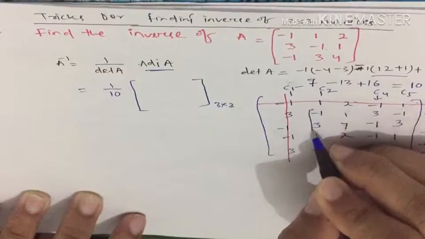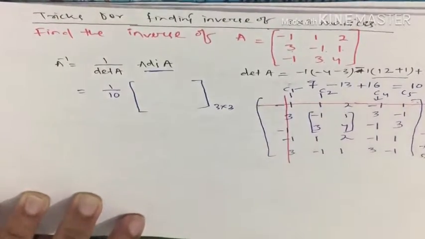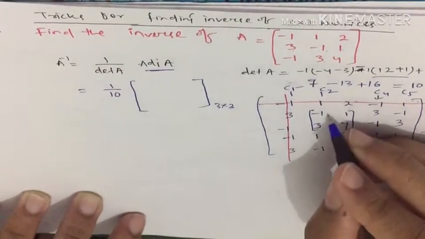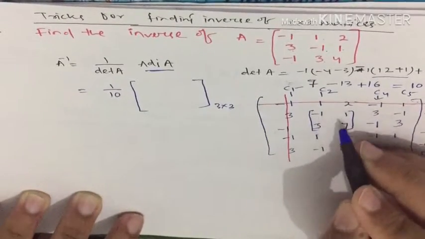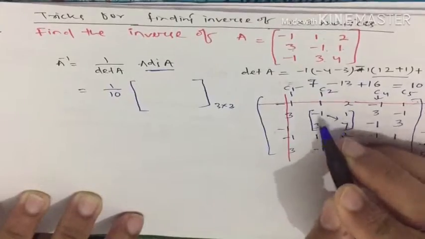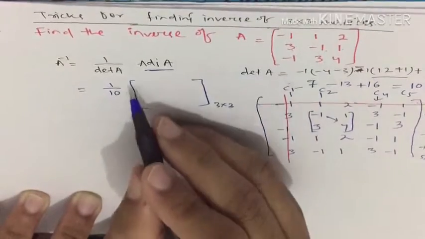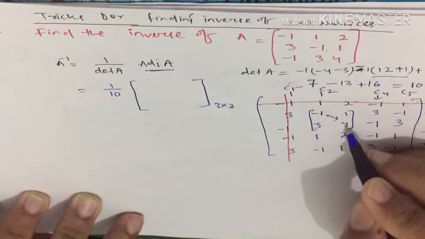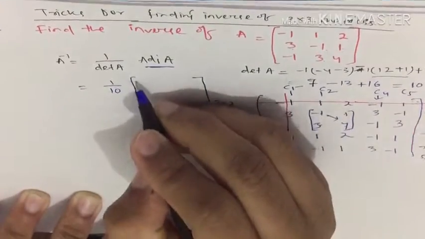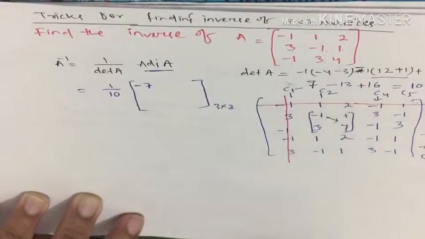So first take these 4 elements. Just go column wise. First take these 4 elements and find the determinant of these 4 to write the first entry of the adjoint of A. So you will get minus 1 into 4 minus 4 minus 3. So the first entry is minus 7.